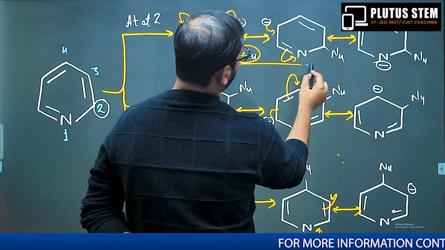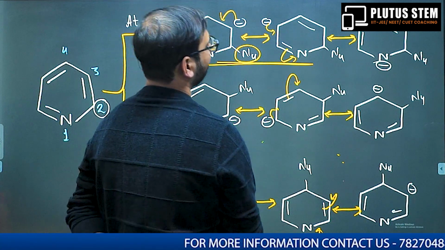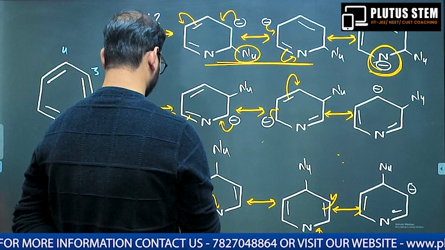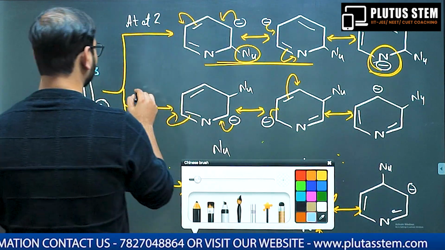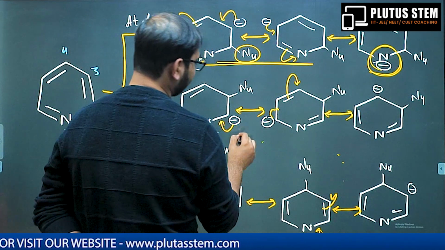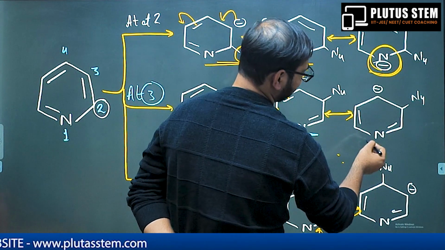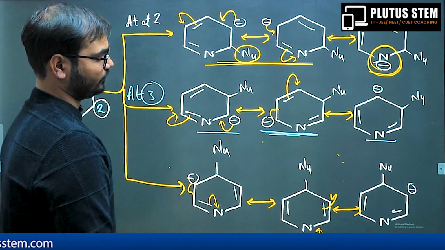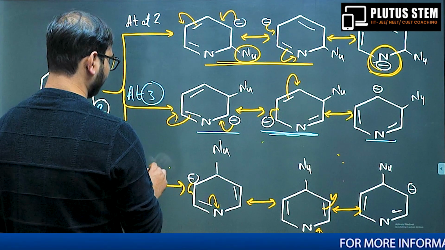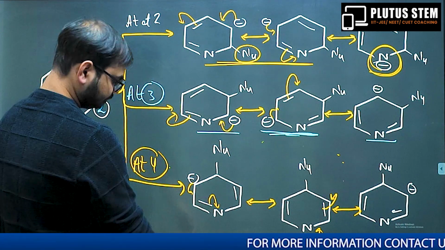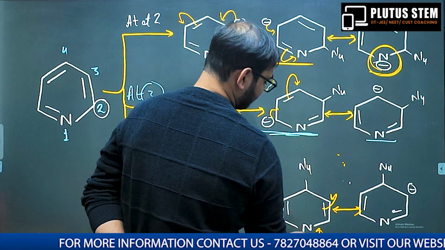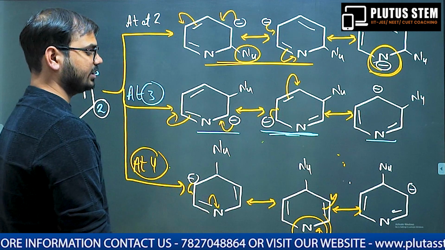In all the resonating forms, you will find that the negative charge is present on carbon, and in only one case the negative charge is residing on nitrogen. When the attack shifts to position number 3, the negative charge entirely remains on carbon, and there is no negative charge on nitrogen. Similarly to position 2, when the attack takes place at position number 4, we have resonating forms with the negative charge localized on nitrogen.